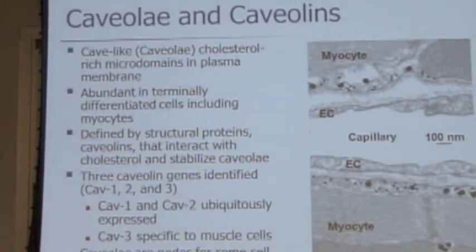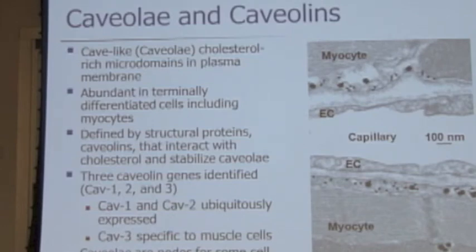So just so everyone knows what caveoli are and caveolins, the name comes from the cave-like structure that these proteins or these microdomains exhibit, and you can see that they are invaginations on the surface membrane. They're abundant in all sorts of different terminally differentiated cells, including myocytes, and they are partially defined by the structural proteins that are present there.